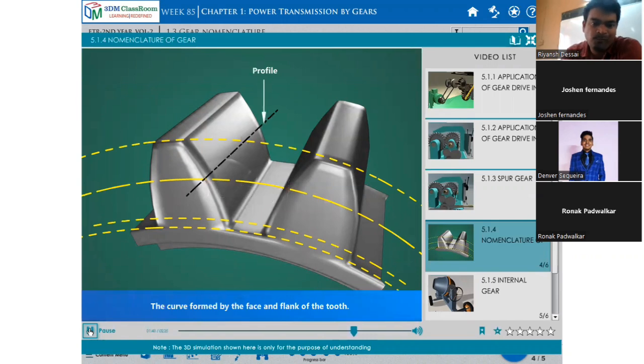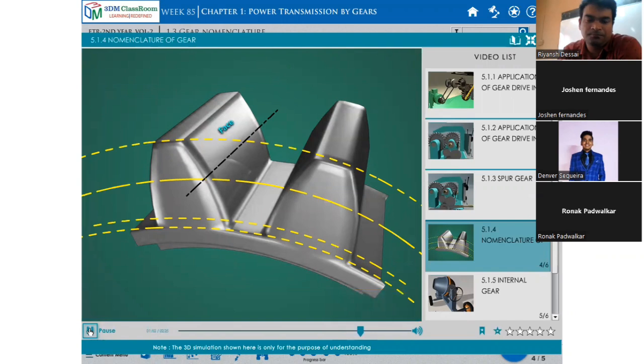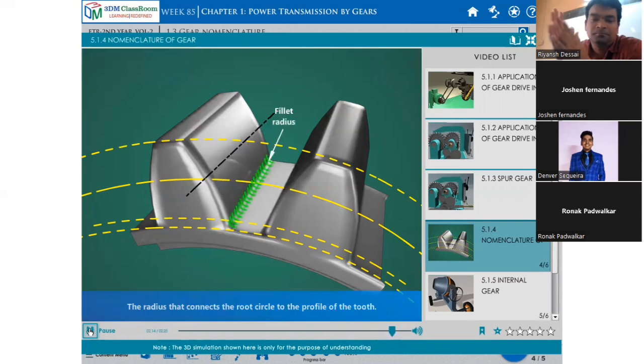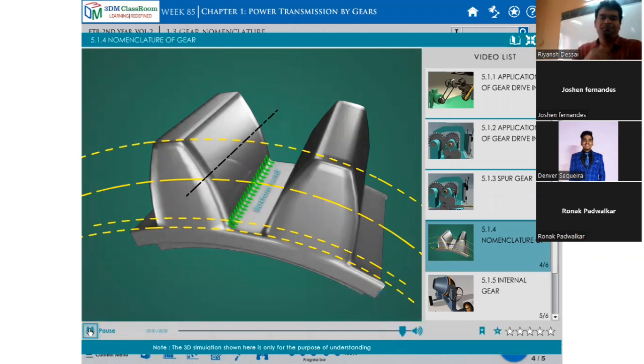Profile, the curve formed by the face and flank of the tooth. Face. Top line, surface of the top of the tooth. Face width, the width of the tooth measured parallel to its axis. Fillet radius, the radius that connects the root circle to the profile of the tooth. Bottom land.